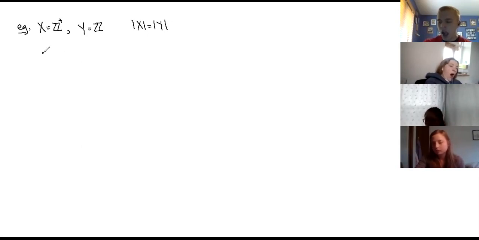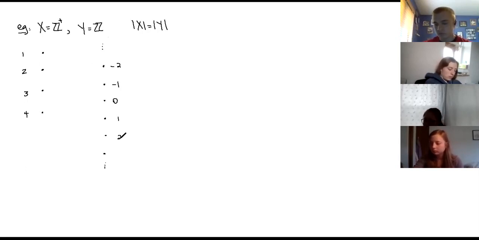So here's what I need. I need a bijection. So we'll go 1, 2, 3, 4, and I'm going to do some dots. We'll put 0 in the middle, and then we'll go -2, -1, 0, 1, 2.